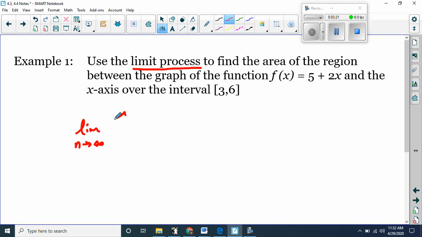of the sum, i goes from 1 to n, of the function. The function is 5 plus 2x, and I'm not going to use x there. We're going to talk about what we plug in for x, times delta x. Our delta x is, remember, the width of these rectangles.